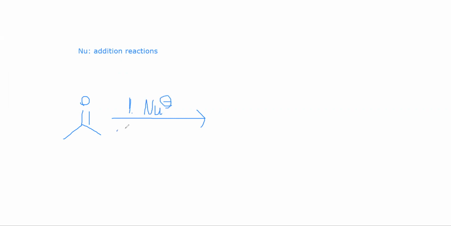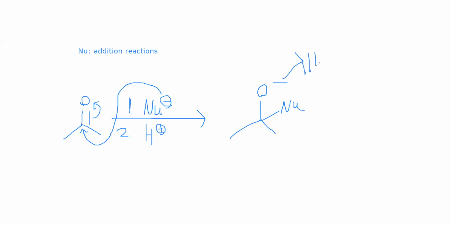That's a very strong nucleophile in one step, and then in a second step, you're adding an acid. You don't have the acid and the nucleophile at the same time. The nucleophile attacks the carbonyl carbon. You get an O- intermediate with your nucleophile attached. And then in the second step, the O- gets protonated by the acid, and you end up with an alcohol and your nucleophile attached to the same carbon where the ketone or aldehyde was.